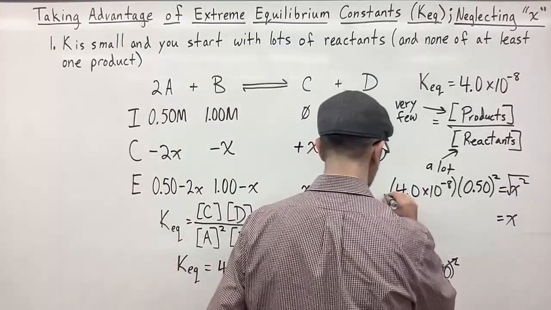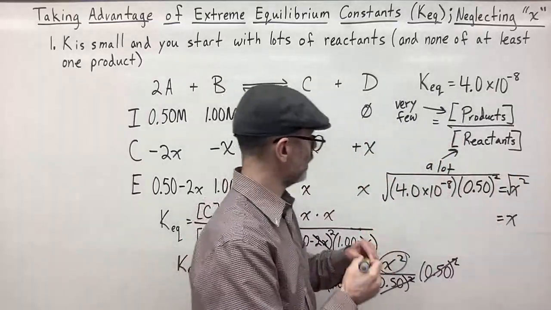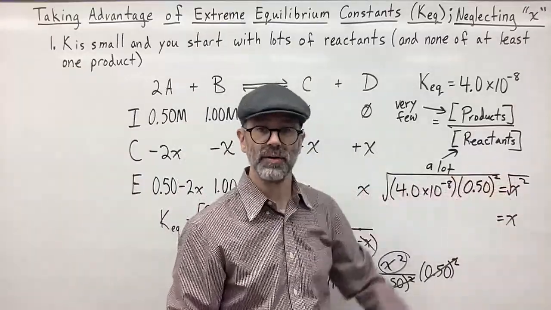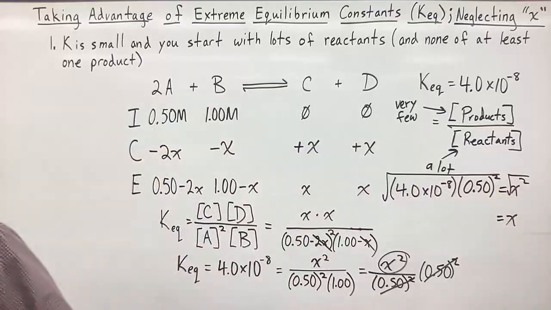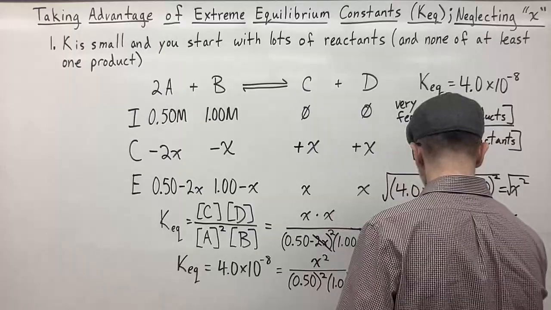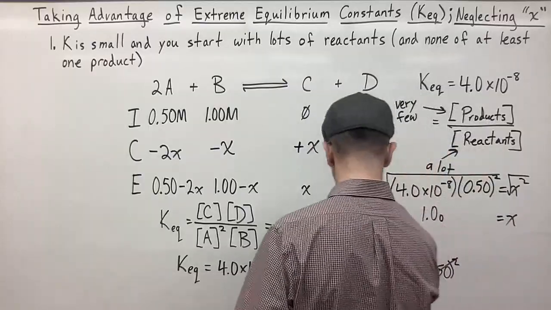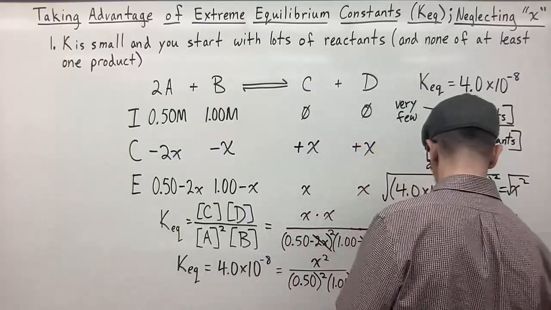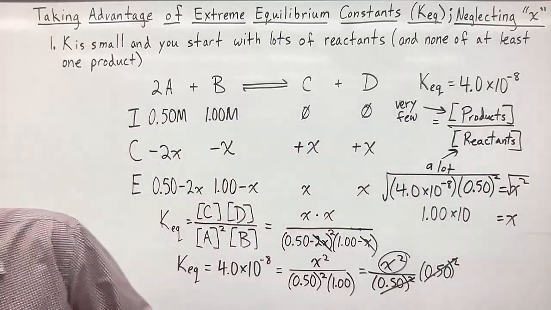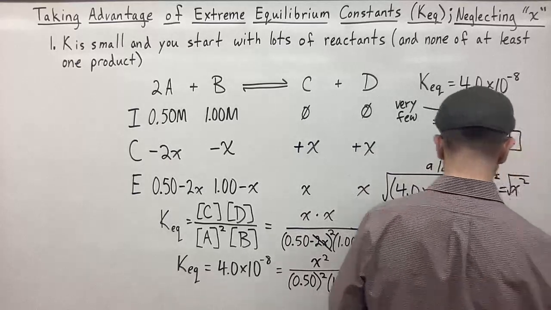So to find x, all I need to do is take 4.0 times 10 to the negative 8, multiply it by 0.50 squared, and then take the square root of everything. And when I do that, I get 1.00 times 10 to the negative 4 molar.